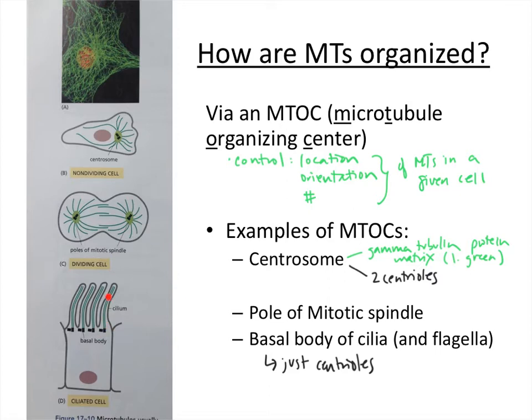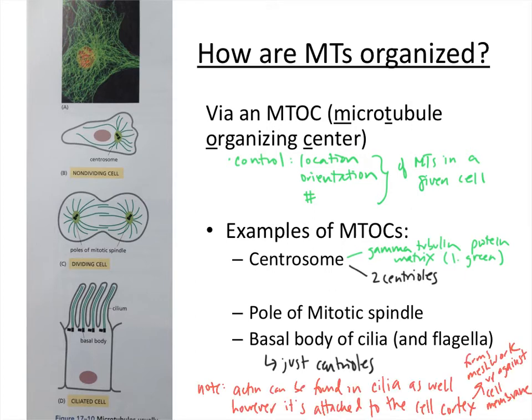This is going to be one long microtubule emanating all the way across this entire portion of the cell. On the other hand, the actin is anchored to the cell cortex, and so there can be a whole meshwork of actin. If we were going to have actin here, then that would be something like right along here, just on the inside of the cell membrane.